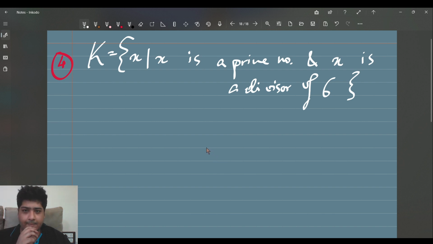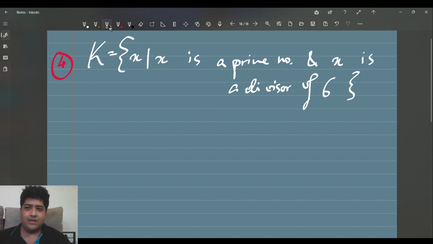Well, first of all, you notice that the definition is more in English than in math, so it's not that rigorous, and it does not need to be inside builder form. So this is accepted unless the meaning is understood. So x has to be a prime number and x has to be a divisor of 6. So listing prime numbers is more difficult than listing divisors of 6, right?